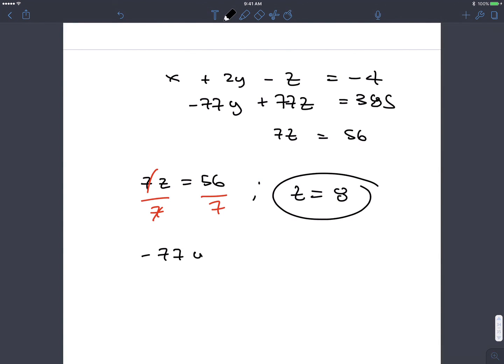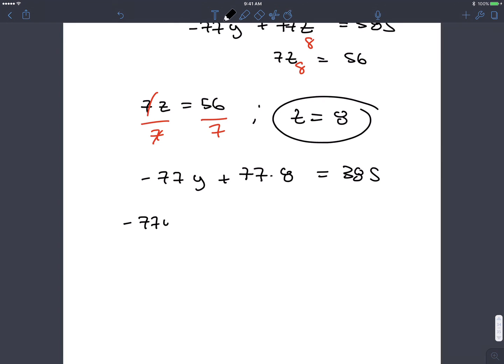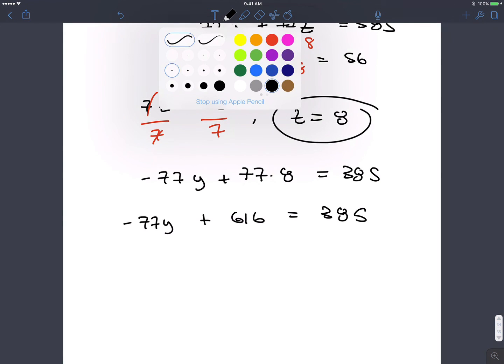Negative 77y plus, let's be careful, these 7's look like z's. 77 times 8 is 385. See, we can replace our z's here with 8 everywhere. So let's see, 77 times 8 though, we get 616. So let's be careful here. Negative 77y plus 616 is 385.